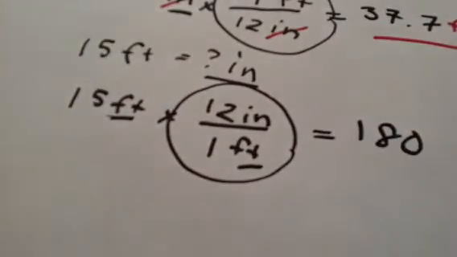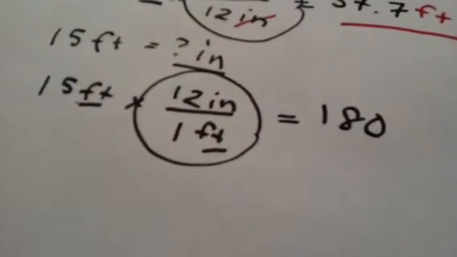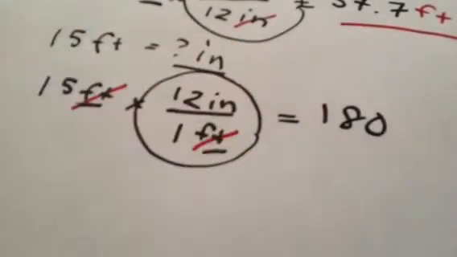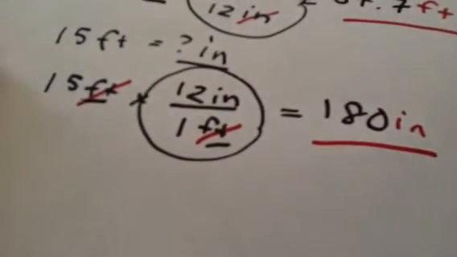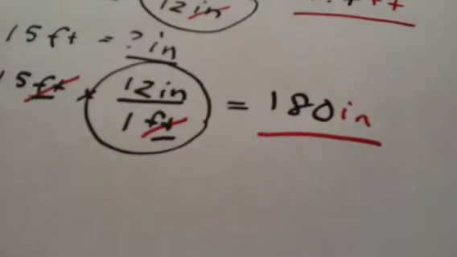Now I need to check my units. My feet cancel out, so I'm left with inches. So that means that 15 feet is equal to 180 inches.